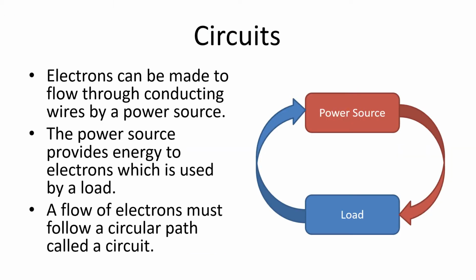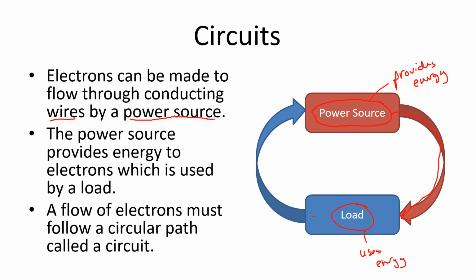All right, so in order to get electrons to move or to flow, you need the components of a circuit, which means you need wires and you need a power source. And so the power source is going to get those electrons to flow. It'll flow through some wires, and then there'll be some device that uses that electrical energy. So the power source provides energy, and the load uses energy.